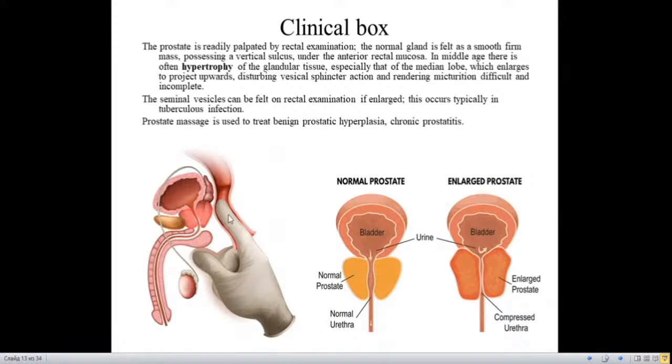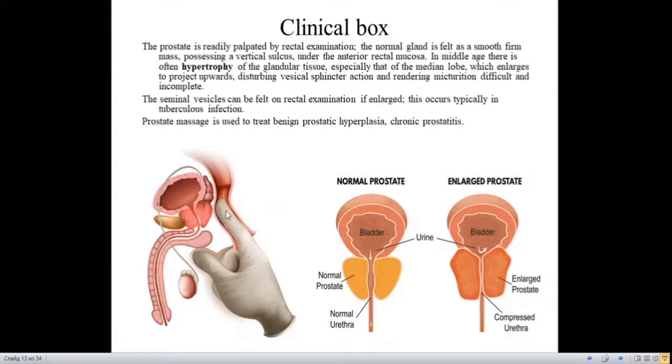You see the doctor inserts a finger into the rectum and through the very soft anterior wall of the rectum he can feel and palpate the prostate gland and seminal vesicles. Normally, the surface of the prostate gland is smooth. So, if the doctor feels by finger that it is rough, or some bulgings, elevations, or something else, it means something goes wrong with the prostate gland and it requires more precise diagnostic attention.